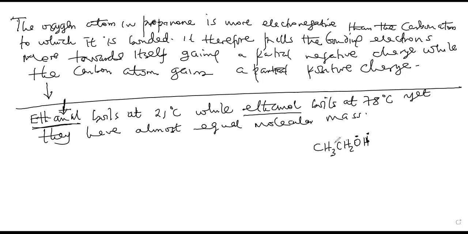So that is all about this introduction and physical properties. But basically, we need to know how to obtain these substances, the common term being synthesis, how to synthesize these compounds.